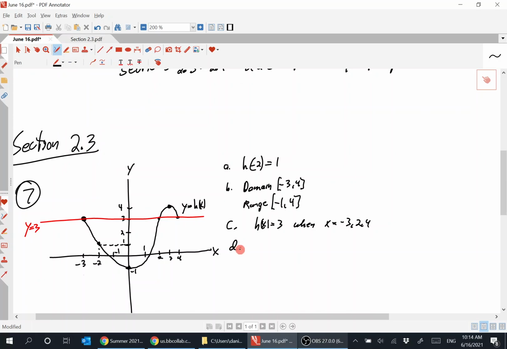D. H of x is less than or equal to 3. So this is the function f of x equal to 3, just that constant function 3. So h of x is less than 3, so below the 3, where? On which interval?